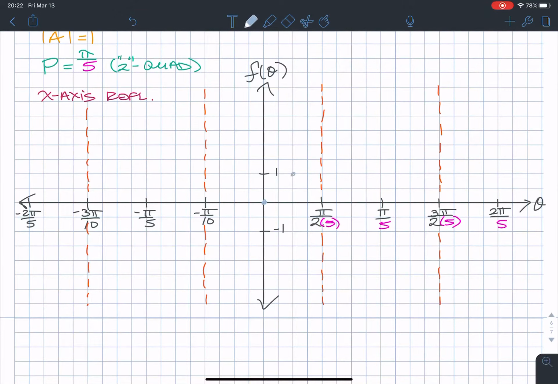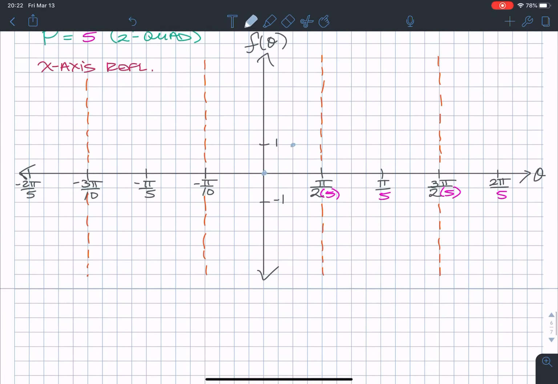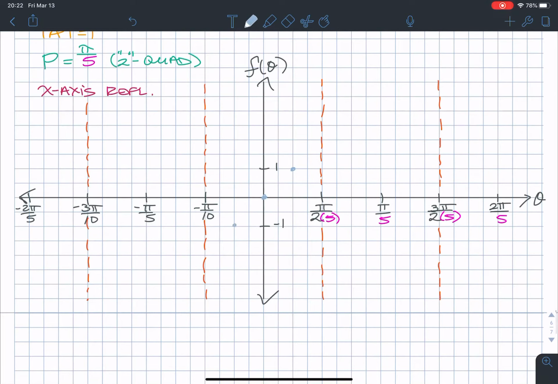It normally goes to 1 at the pi over 4 reference angles going forward in reading direction, or negative 1 at the pi over 4 reference angle going backwards, or left, anti-reading direction. So the graph of normal tangent would look something like so in each quadrant, so it repeats. Sorry, for every 2 quadrants, because the period is 2 of these tick marks, which for us right now is pi over 5.